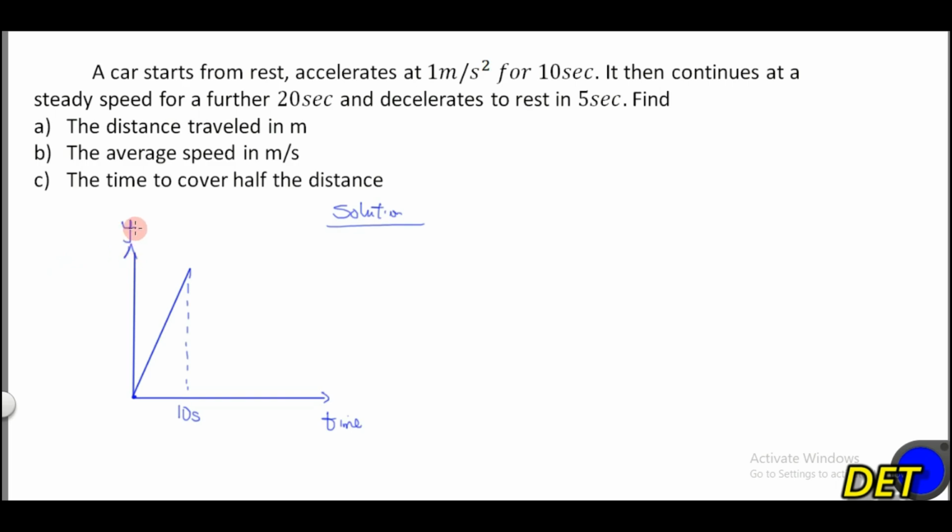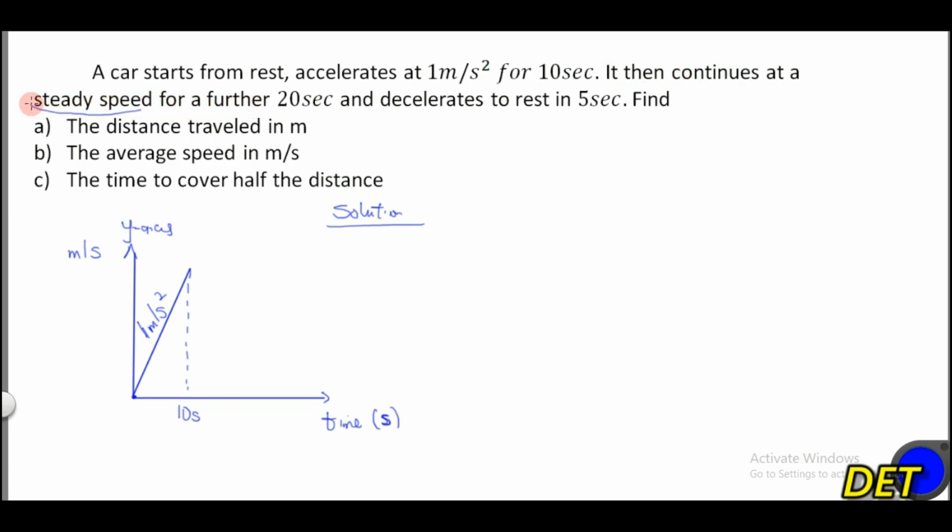So this is my y-axis, which will represent my velocity in meters per second. And this is my time, which is measured in seconds. The car starts from rest and accelerates at 1 meter per second squared for a time of 10 seconds. It then continues at a steady speed for a further 20 seconds.